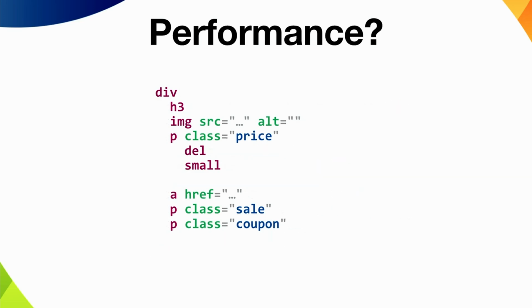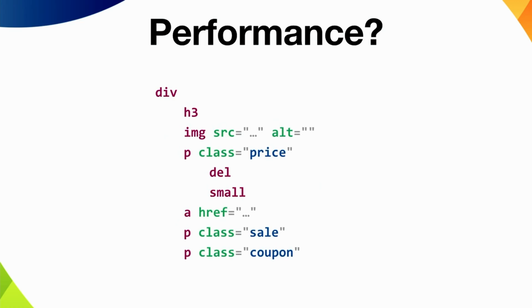And then consider it turned into a document tree, effectively, okay? And then if you're looking for, and this is just a simple descendant selector, I'm not doing :has right now, a simple descendant selector, you want to select any element that has a class of sale that's a descendant of a div element.